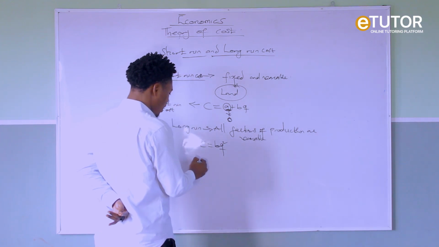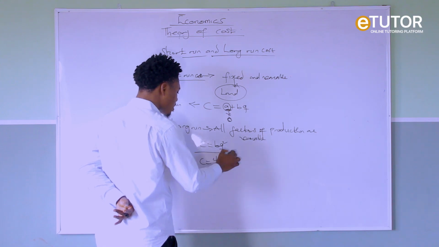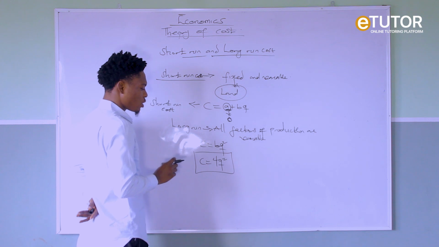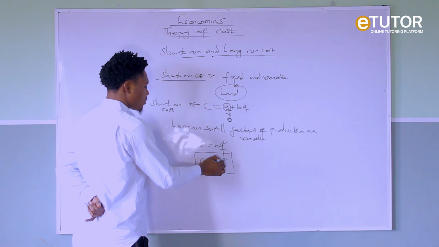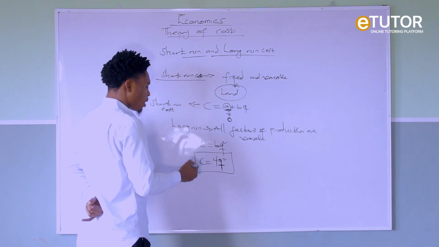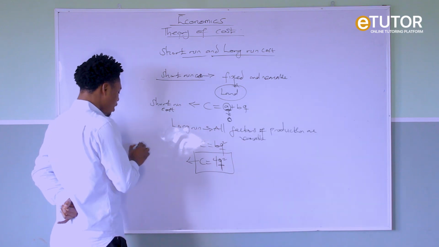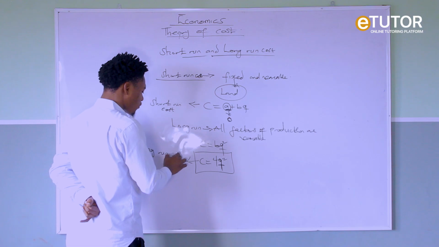That is, if I say C equals 4Q square. Now the first thing you know is that this is not a linear cost function. This is a quadratic cost function because the highest power of the independent variable is 2. And at the same time, this cost function is called a long run cost function.